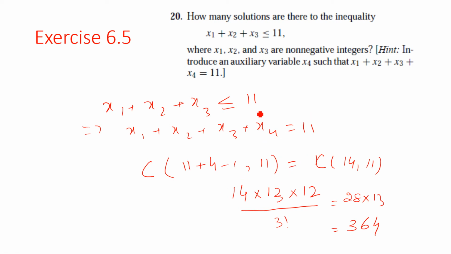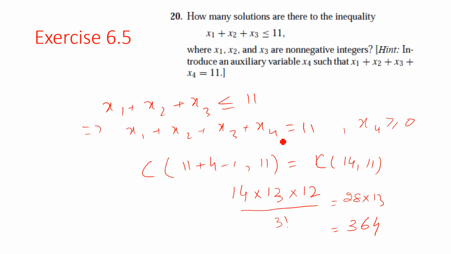So if x1 plus x2 plus x3 is less than or equal to 11, we have to add some number to make it 11, and that number is x4, which is also greater than or equal to 0. If this is equal to 0, then the sum is equal to 11, because there is equality here.